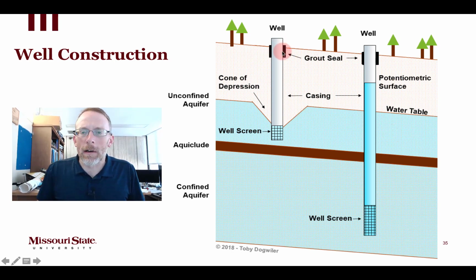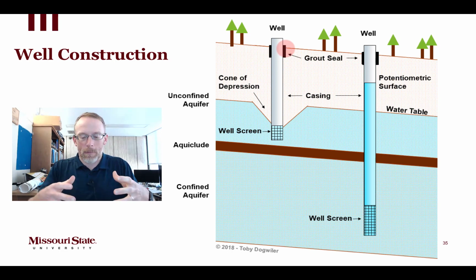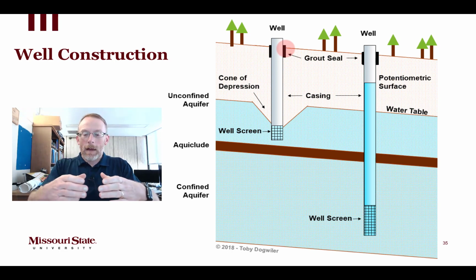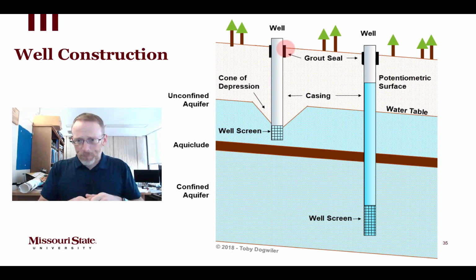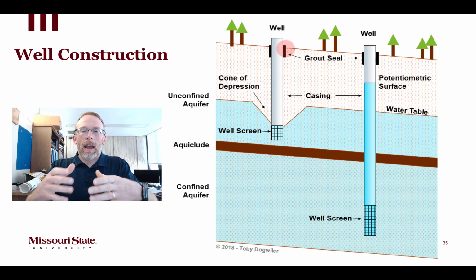One thing I'll mention here is I've got a grout seal put in. This is just a seal. Usually it's an expansive clay or something like that, a clay that when it gets wet expands, and they'll put that around to plug the well along the surface to get a tight connection between the well casing and the soil. You put that in to fill any gaps.